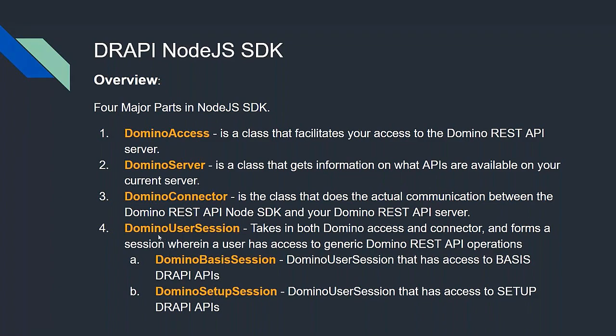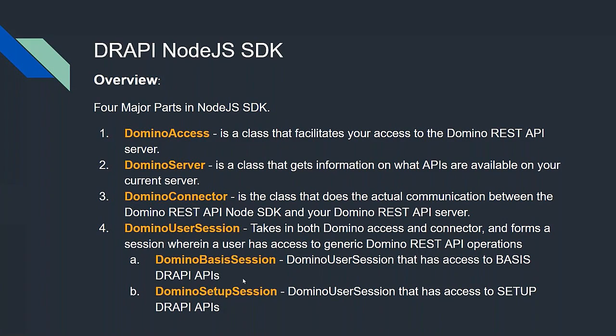The Domino user session is the class that takes in both Domino access and connector and forms a session wherein a user can access the generic Drapi operations. This is also the class that has the request method, which then calls the actual API call towards Drapi.